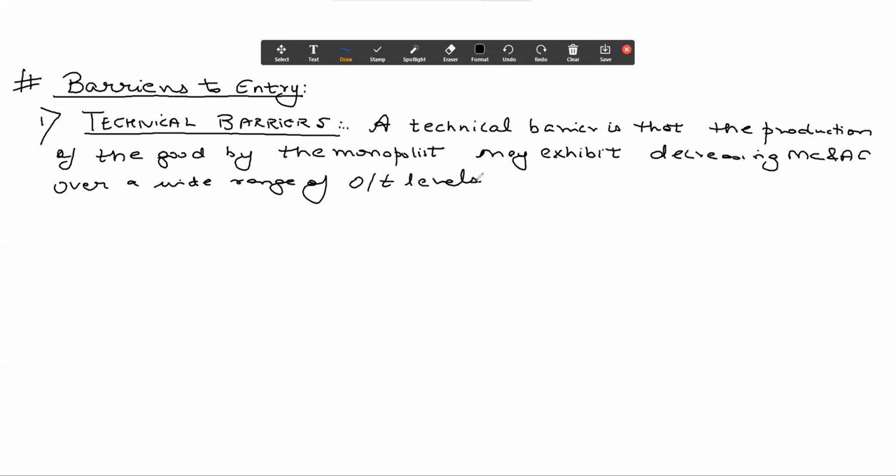Economies of scale simply means that when the firm does production in bulk, it causes the average and marginal cost to fall with the output level. Such a monopoly is called a natural monopoly.